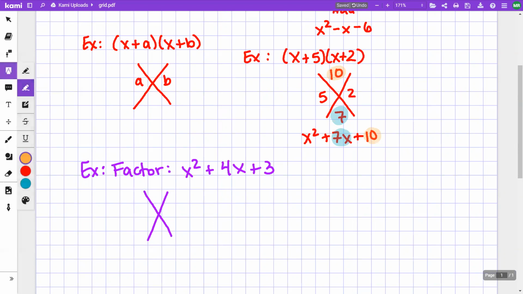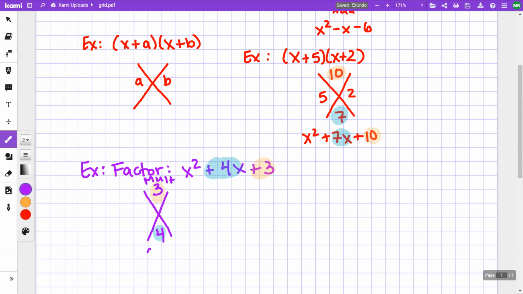So this 3 is going to go here, and this 4, positive 4, is going to go here. I'm trying to figure out what multiplies to 3 and adds to 4. And that is going to be a 3 and a 1. So my factors are going to be x plus 3, x plus 1.